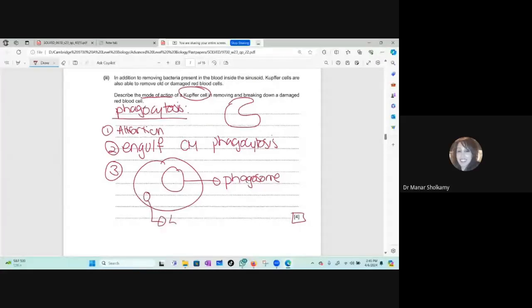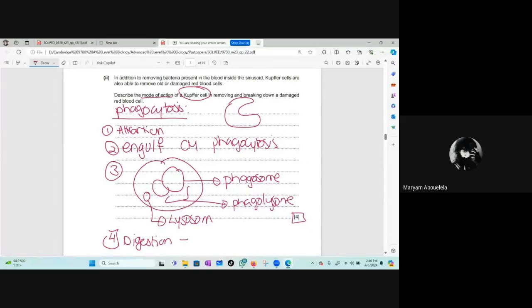Lysosome. Correct, the lysosome. And when the lysosome fuses with the phagosome, they will create a what? Phagolysosome. Correct, phagolysosome. And then the last step will be the digestion, breaking down. Very good, using which enzymes?